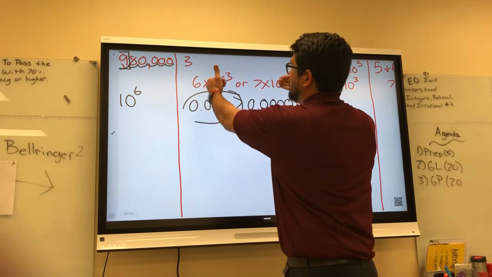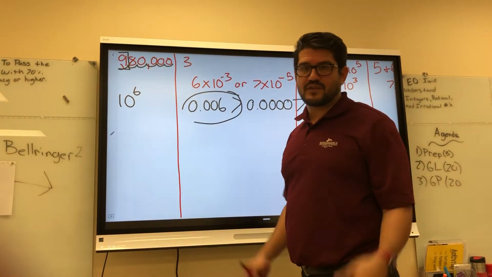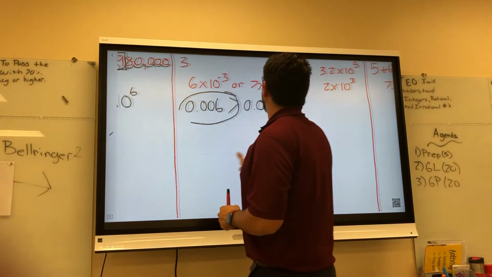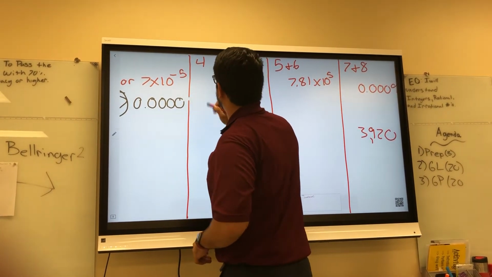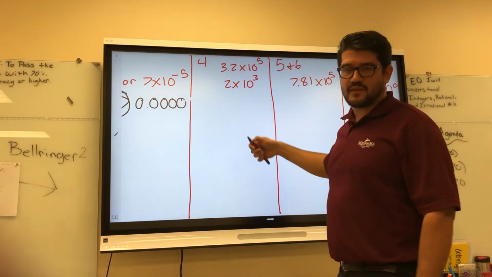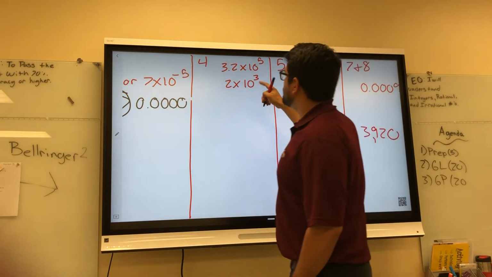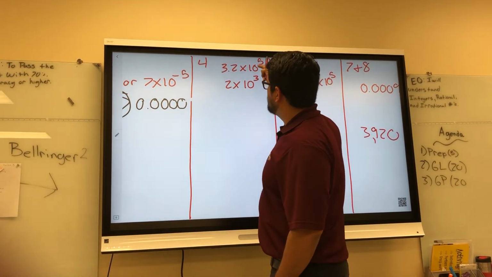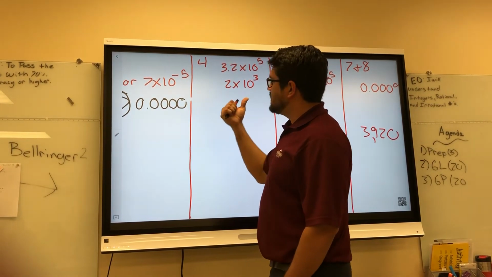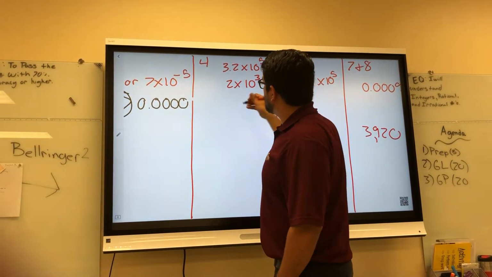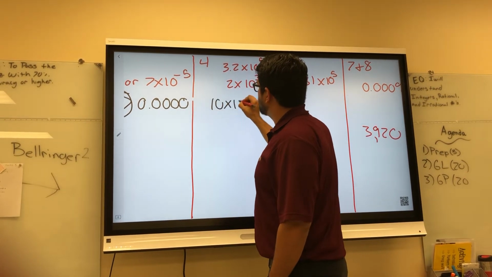If you don't, I recommend just transferring it into standard form and noticing which one's the bigger one. In this question here, you're going to be telling me how much bigger the first one is than the second one. So the first thing you have to find out is how many more 10s this one has. This one has times 10 times 10 times 10 times 10 times 10, and this one's just times 10 times 10 times 10. So this one has 2 extra 10s, so 10 times 10.